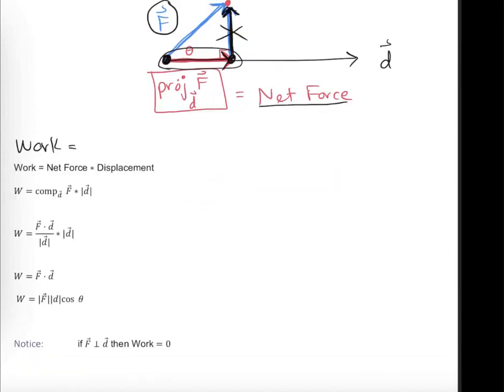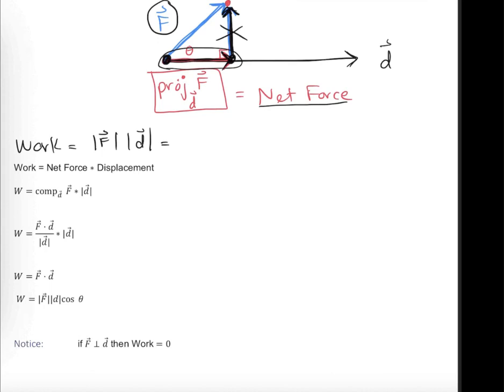So remember, at our most basic definition, if the applied force is in the same direction as the displacement is, well then we would say that the work is obtained by magnitude of F times the magnitude of the displacement.